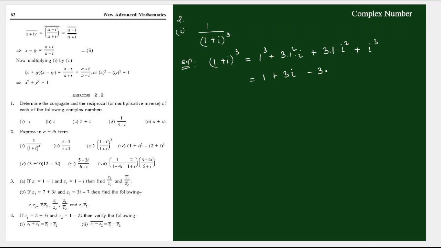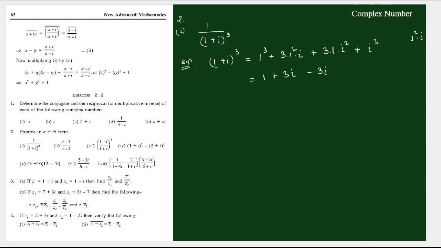Then it will be minus 3i, right? Then i cube. So i cube is what? i square into i square is minus 1.